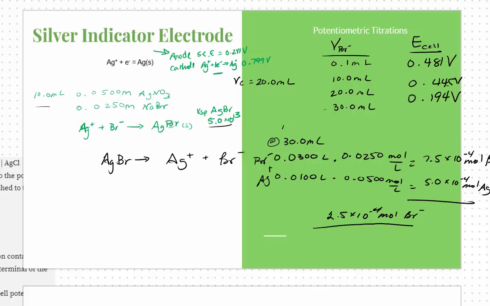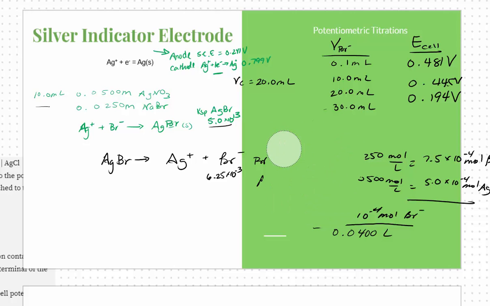So I need to divide that by the total volume. So I'm looking right here. And when I add those things together, I get 0.400 liters because that is the total volume in liters. And I have the concentration of the bromide ion then is 6.25 times 10 to the negative 3. So that's my initial concentration of the bromide ion.